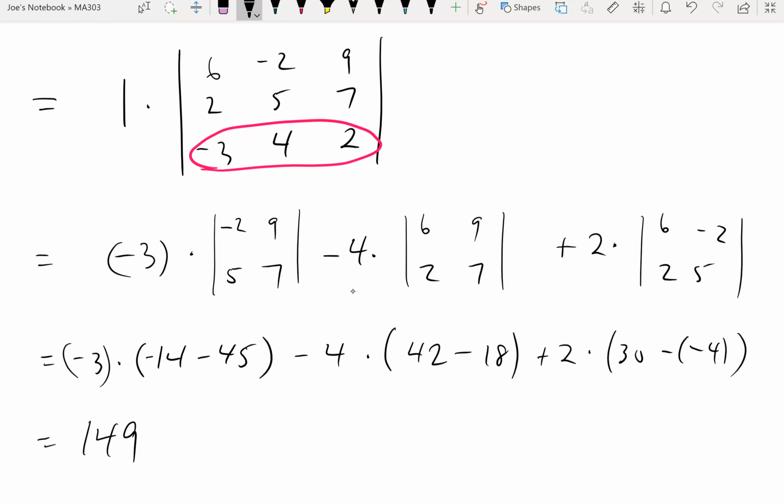You could have done row reduction, which might be a little bit quicker, because notice if I add row 3 to row 2, I get a -1 in that second spot. You can get a 1 quickly in the first column. So you can mix methods if you'd like.